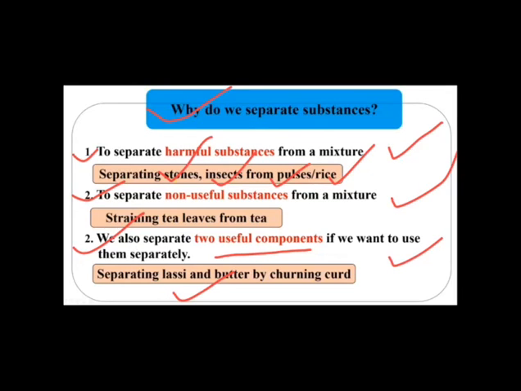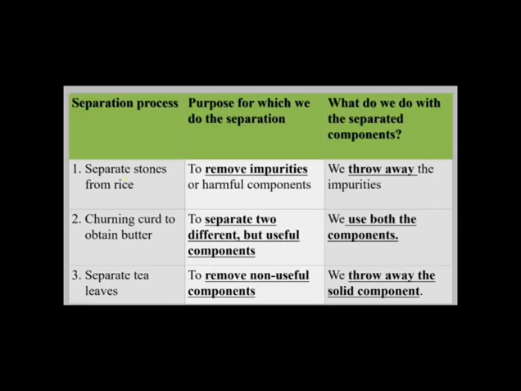Now the list is given here, in which three separation processes are given, along with the purpose for which we do the separation and what we do with the separated components. The first is separating stones from rice, and the purpose is to remove the impurities or harmful components. What do we do with the separated components?